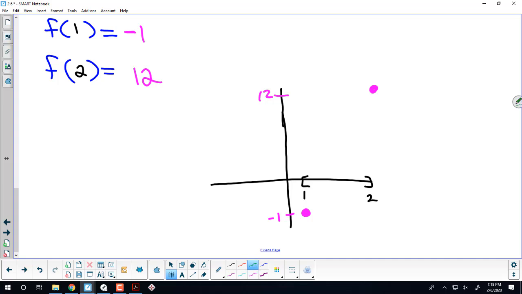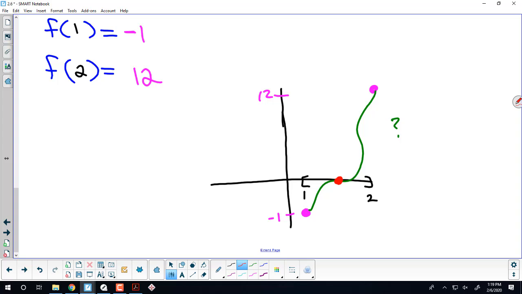Since the function is continuous, I have no idea what it's doing in between. It could be doing something weird, but I don't really know any of that. All I know is it's continuous, so it's all connected from endpoint to endpoint. And the L we were looking for was 0, so somewhere this function has to pass through 0.